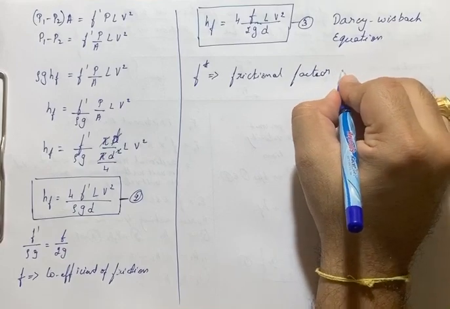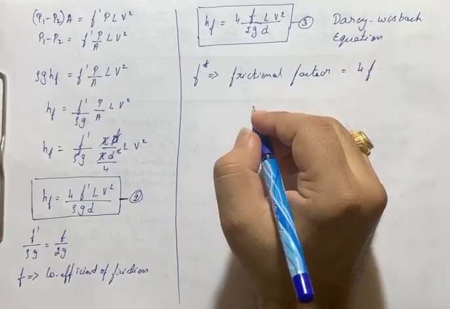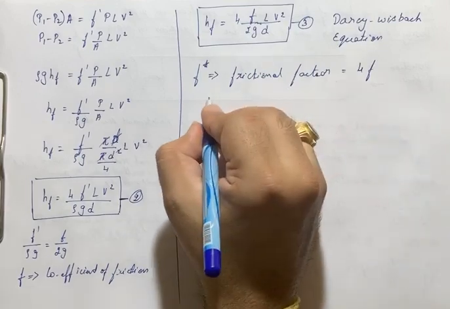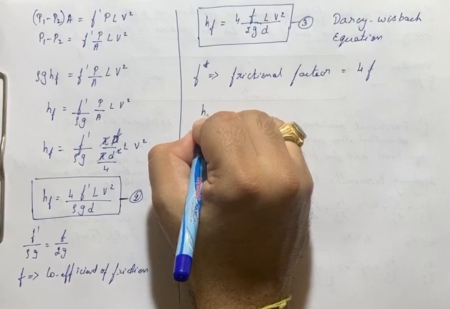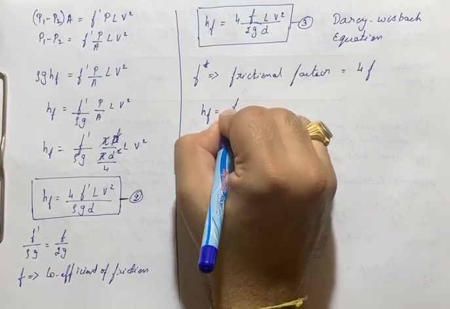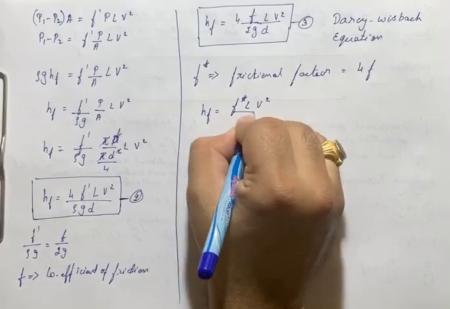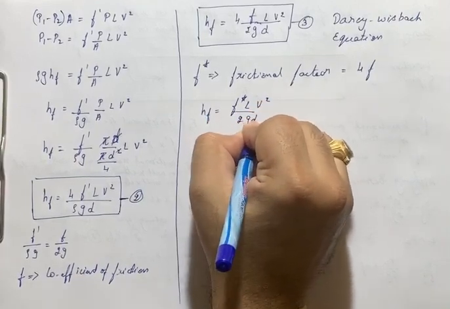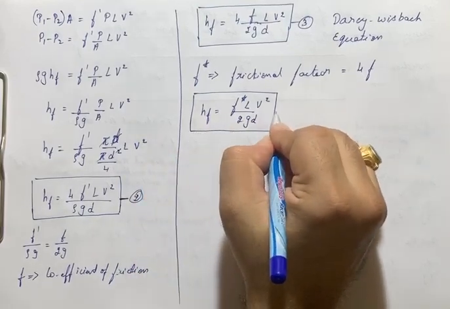That means it is nothing but 4 times F. Instead of 4 times F, substitute it as F star. That is HF is equal to F star L V square divided by 2g d. Call this equation number 4.